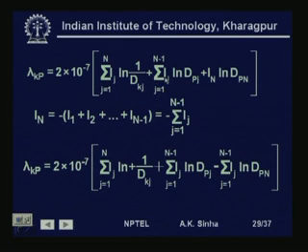For j equal to 1 to n minus 1, Ij ln D_pj, plus, for the nth conductor we are separating it out, In ln D_pn. Now, we know In will be equal to minus of the sum of the n minus 1 conductors, because the sum of all the currents is equal to 0. That is, In is equal to minus of sigma j equal to 1 to n minus 1 Ij.